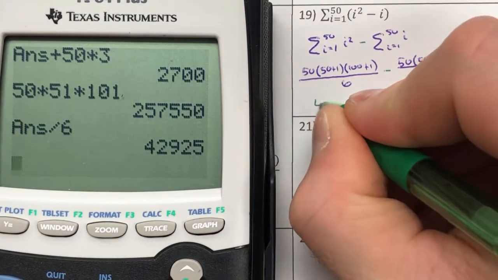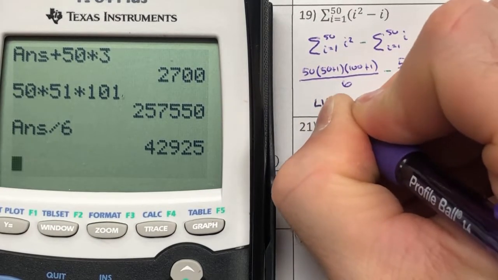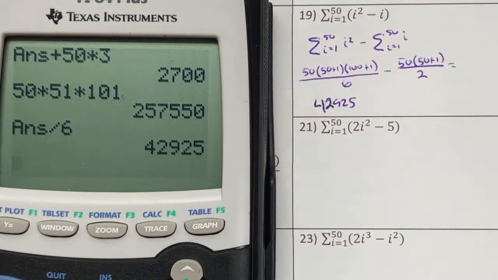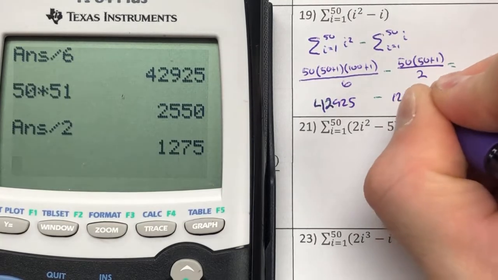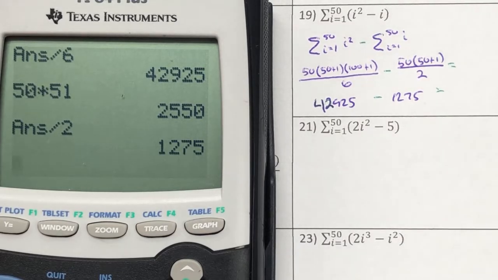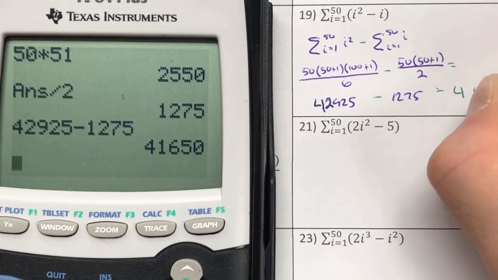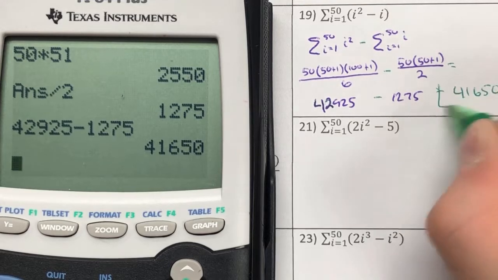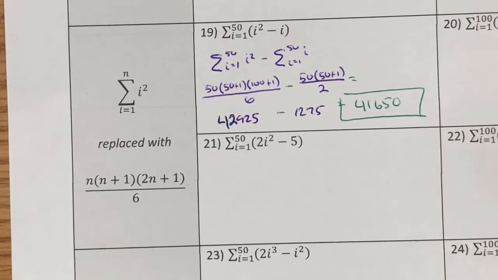We get 42,925, and we are subtracting 50 times 51 divided by 2, 1,275, and so we get 42,925 minus 1,275, 41,650. Awesome.